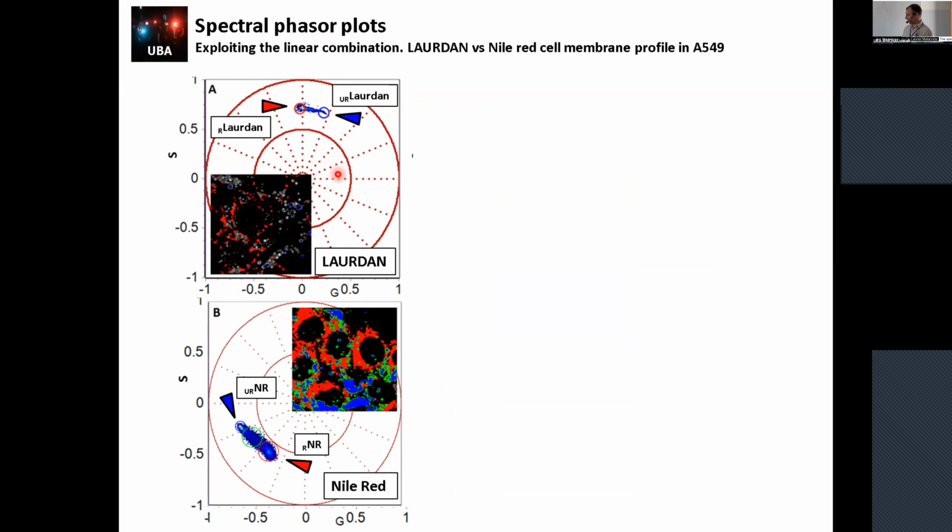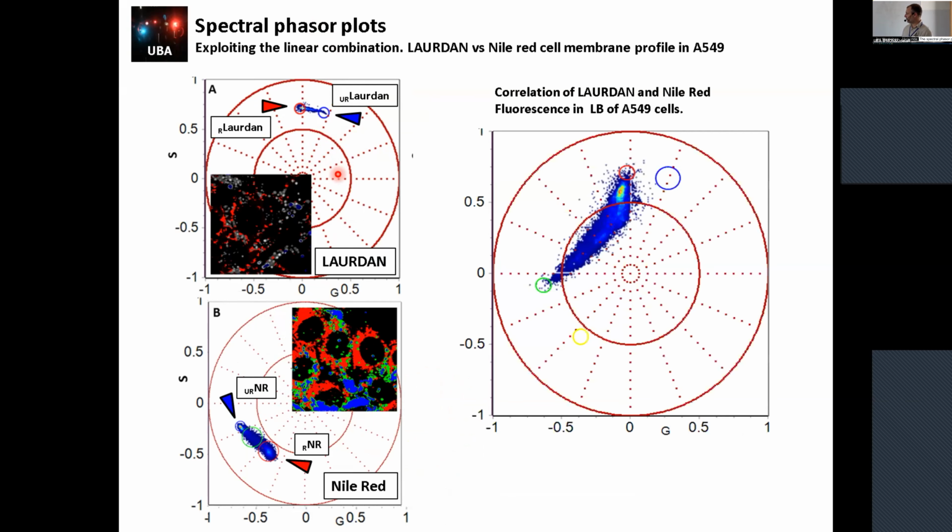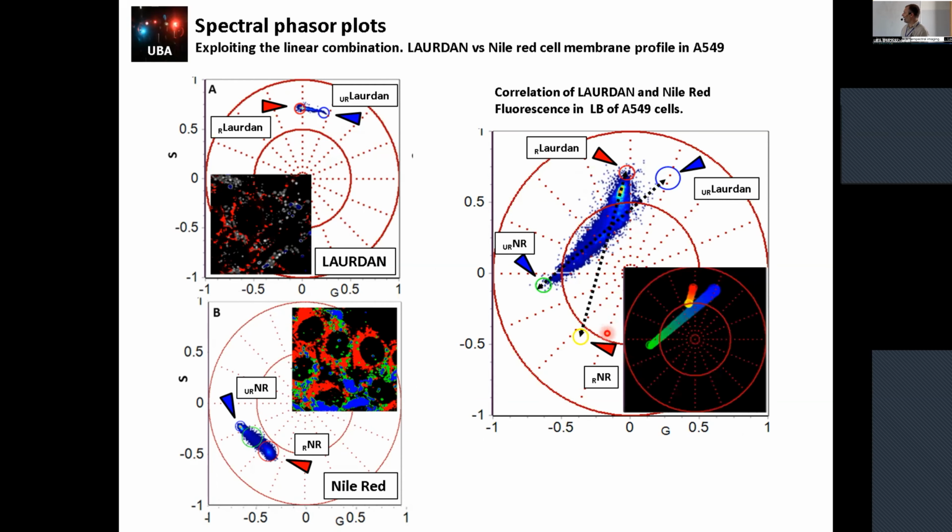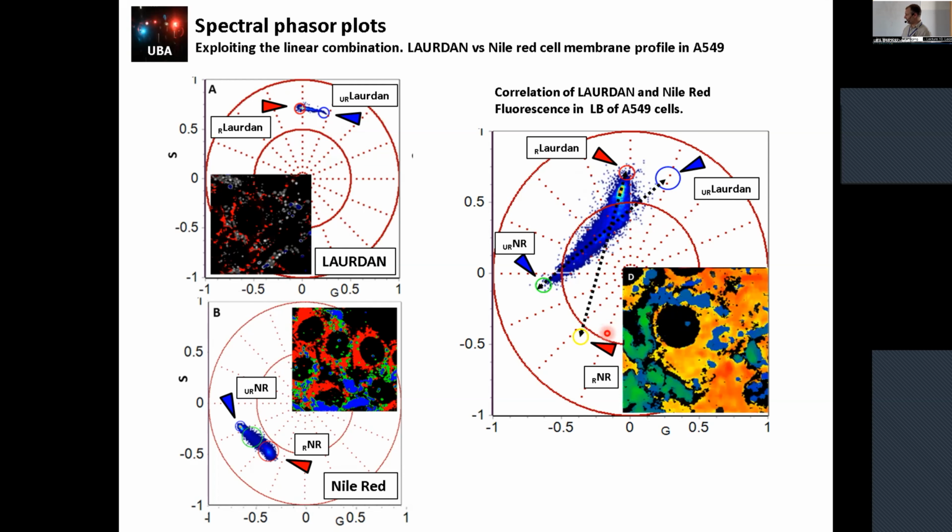If we do a co-staining of Laurdan and Nile red, we get the linear combination of Laurdan under relaxation and Nile red under relaxation. You see on the phasor that the linear combination shows up very easily here and here, and we can color and identify our organelles.